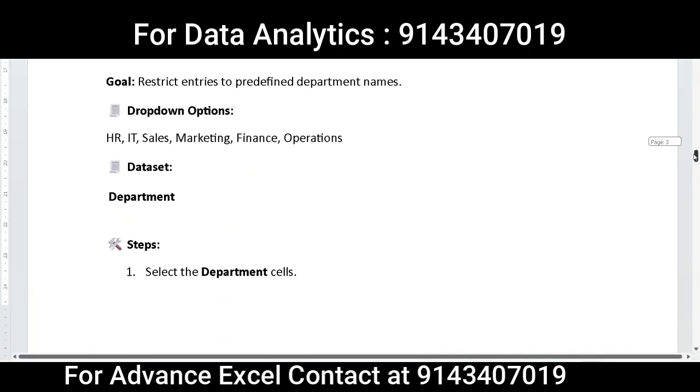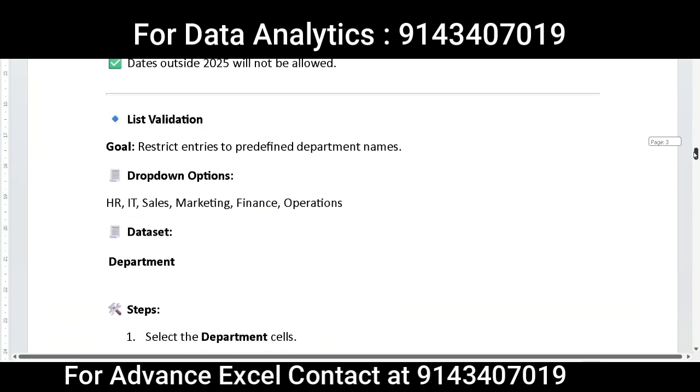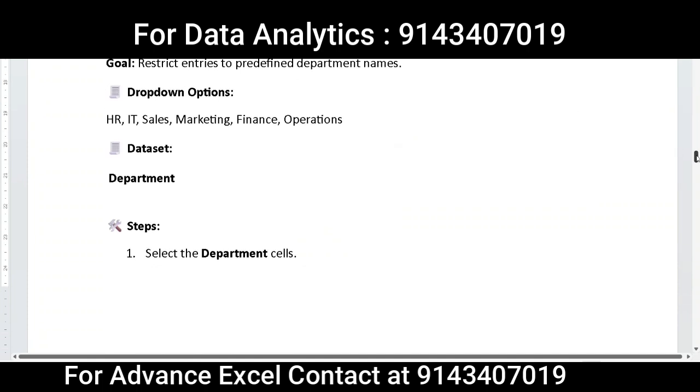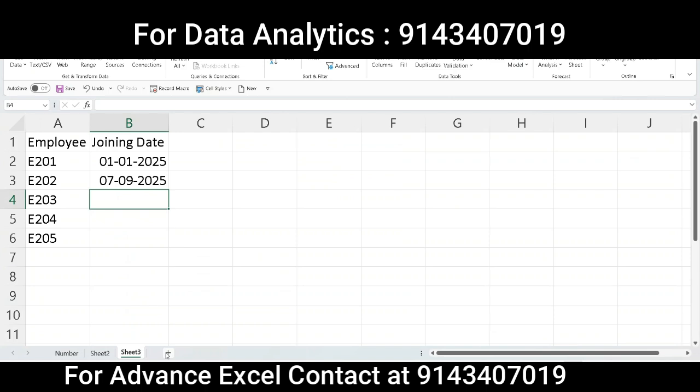Now come to the list. Here you can see the drop down list I want to create, and from the drop down list, if someone types some other thing, it will not be taken. So let's create a list here.